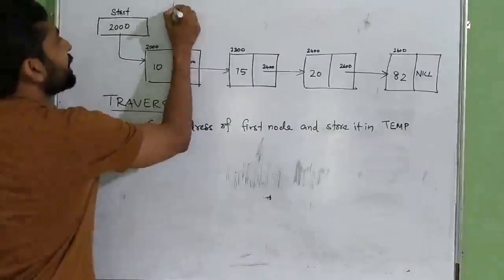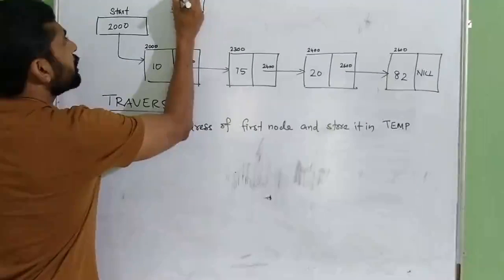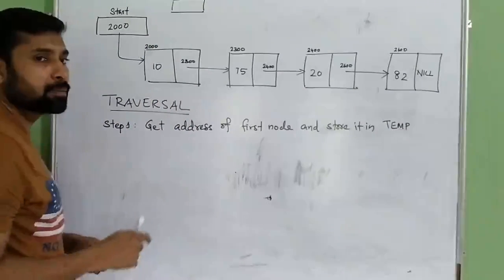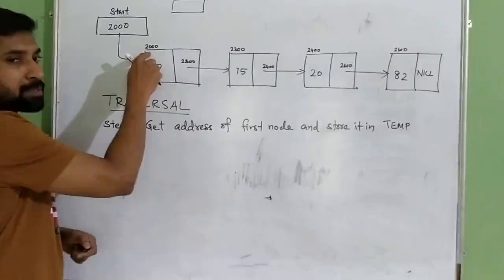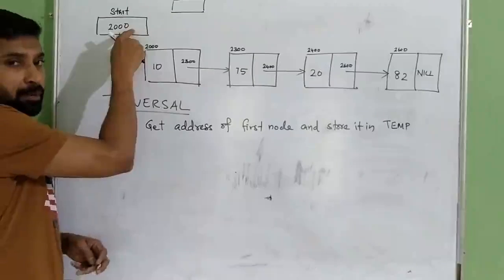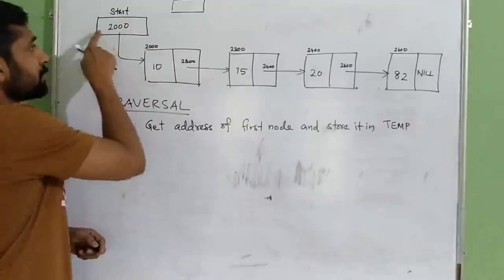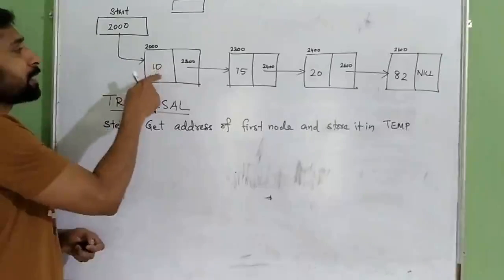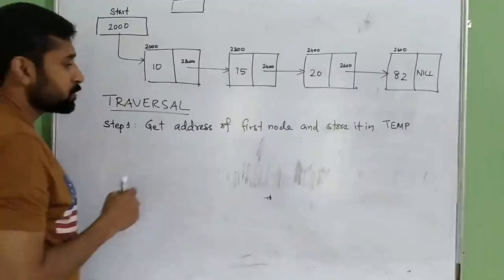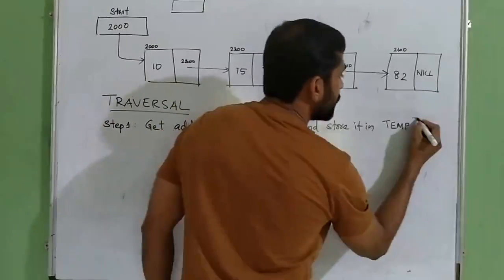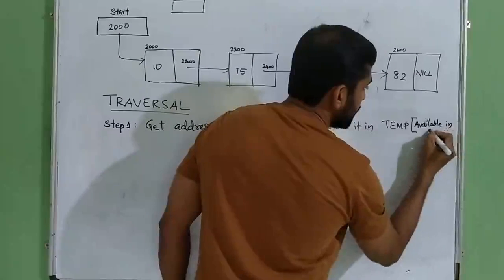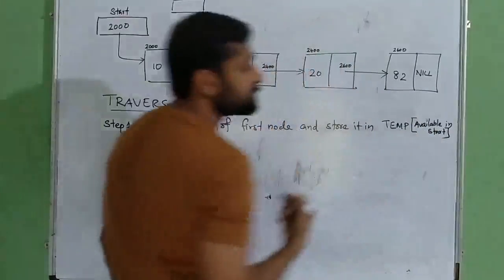So we can create a pointer called temp and collect the address of the first node. What is the address of the first node? 2000. Where is it kept? It is kept in the start pointer or header pointer. This is a special pointer that always keeps the address of the first node. So it is available in start.